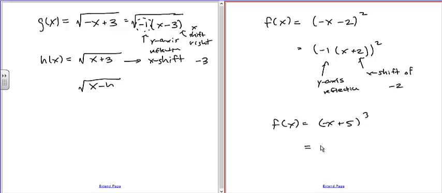So again, what I would do is factor out the -1 from both of these terms. So I'd end up with x minus 5 cubed. Again, this is saying y-axis reflection. And this here is saying x shift of plus 5.